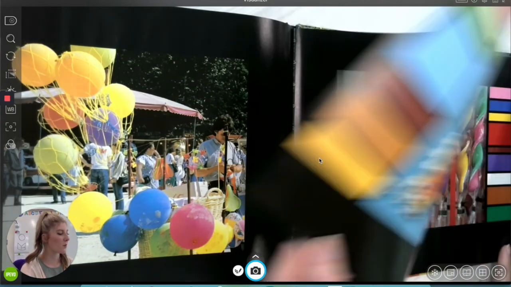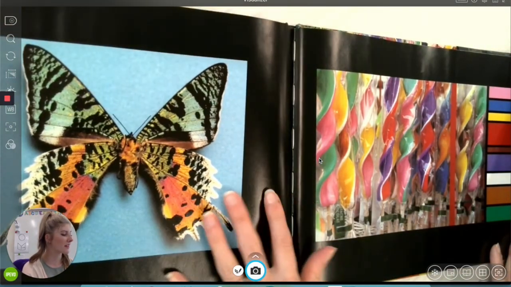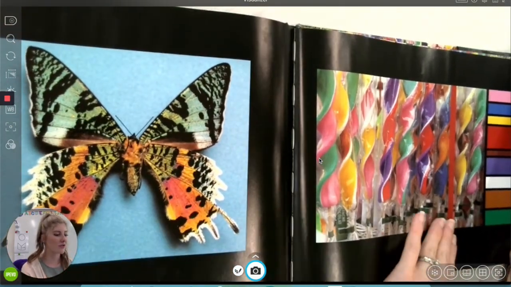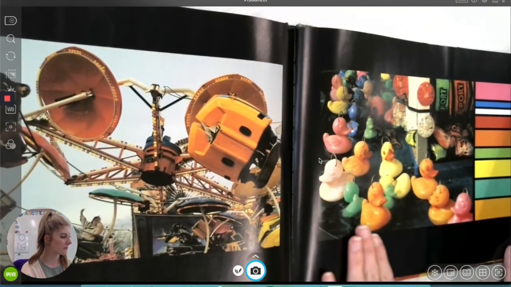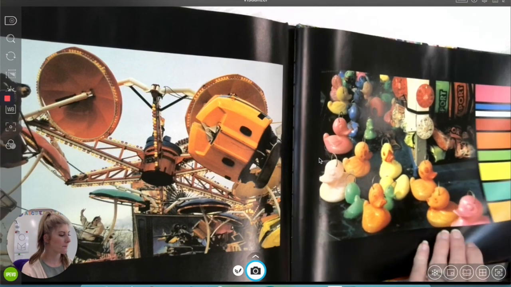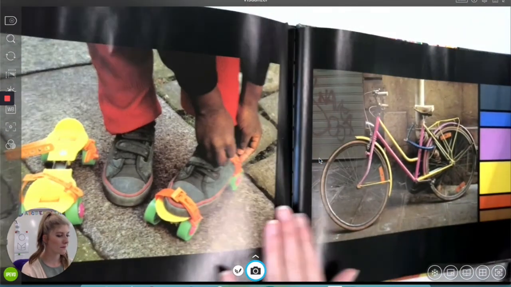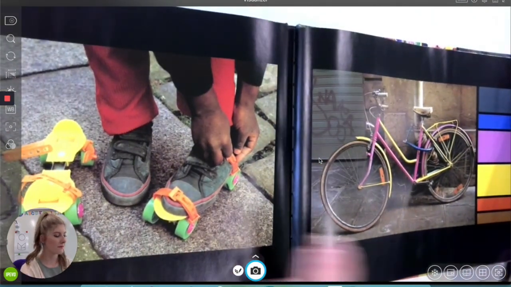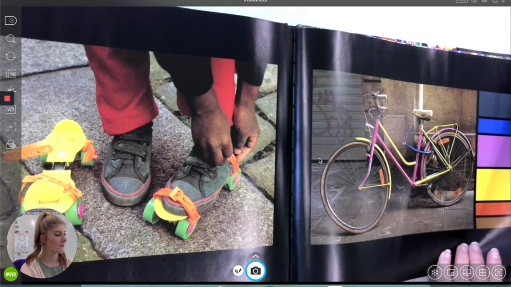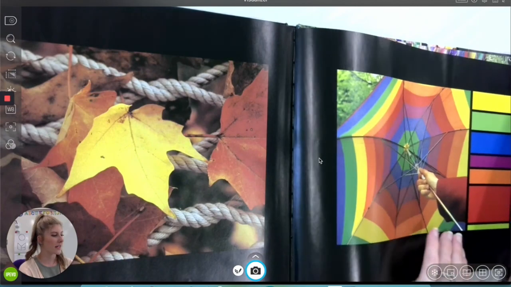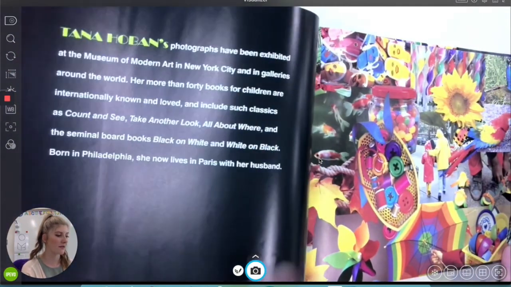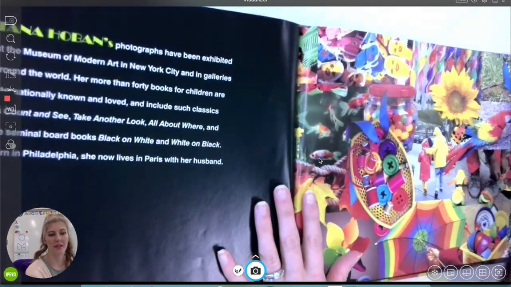There's even more to this book. Oh my goodness. Tana Hoban added so many different pages. What are you noticing that Tana Hoban did a lot of in this book?